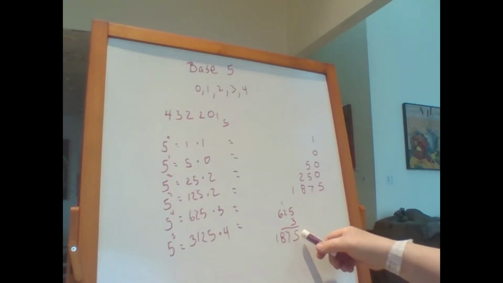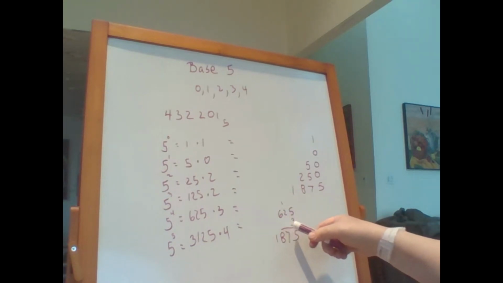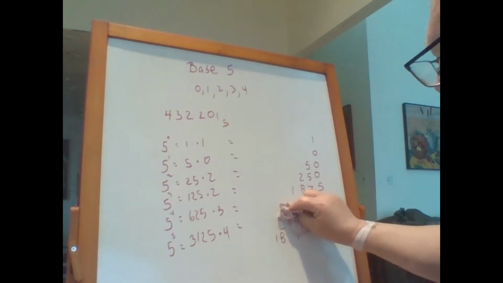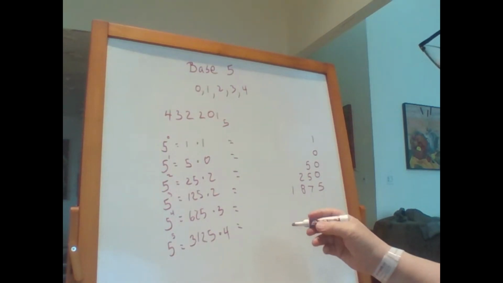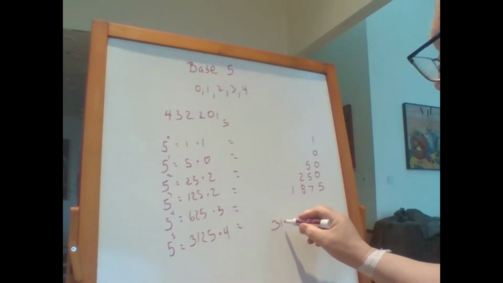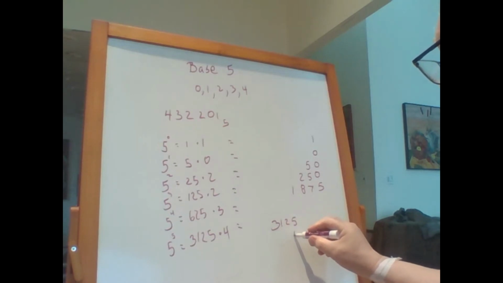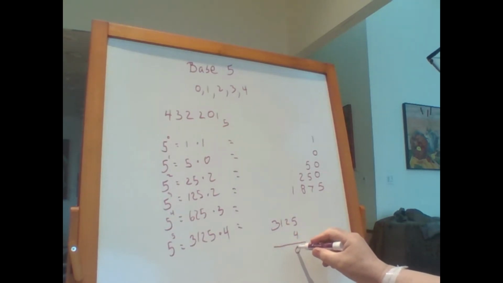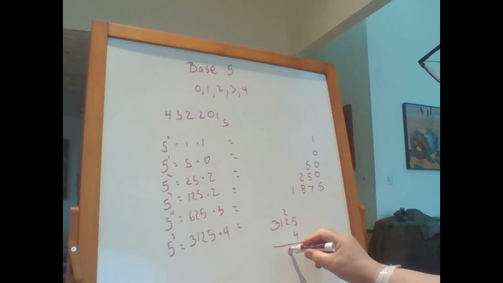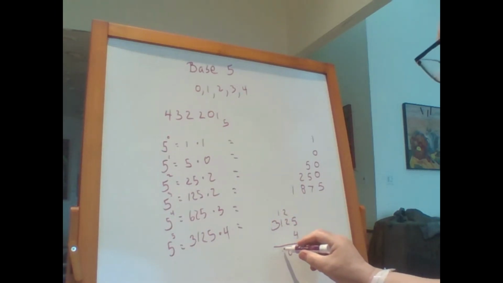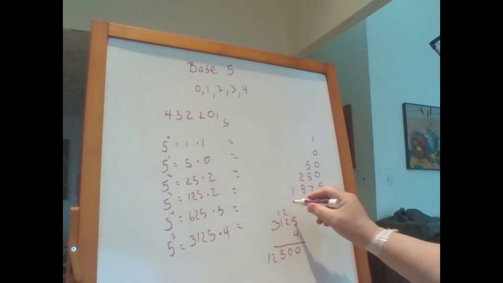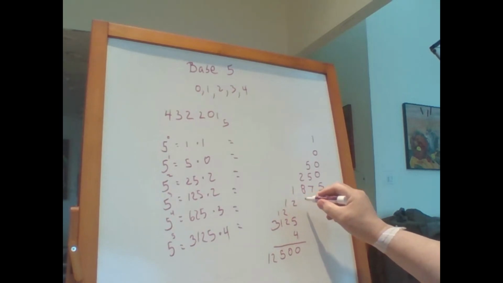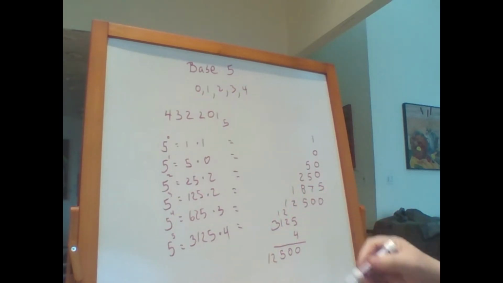Just make sure I got it right. Yep. And lastly, we got 4 times 3125. So 3125 times 4 is 12,500.